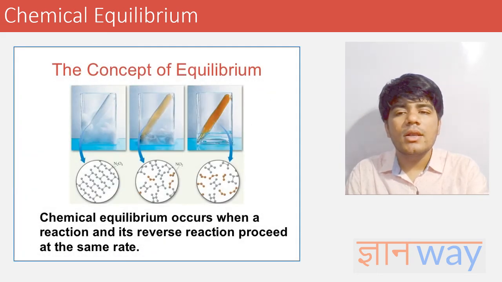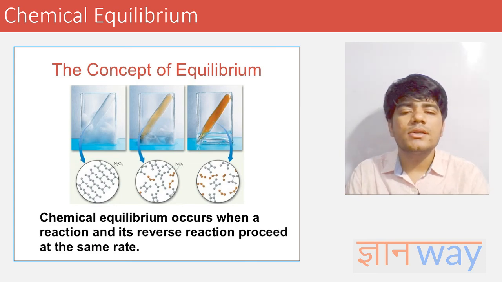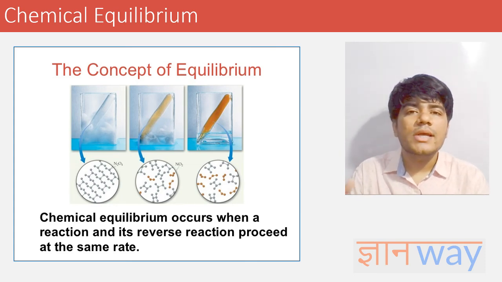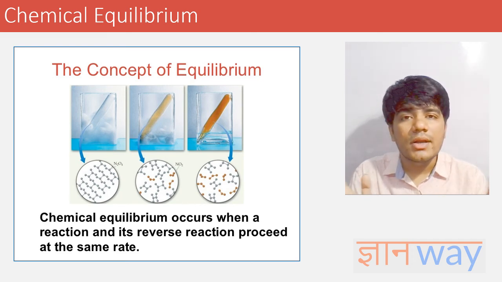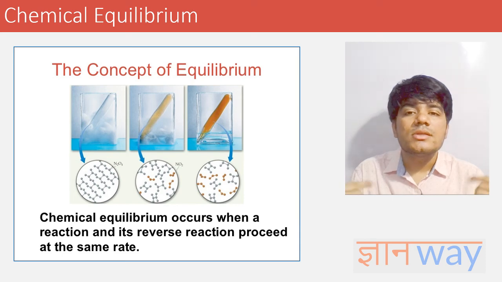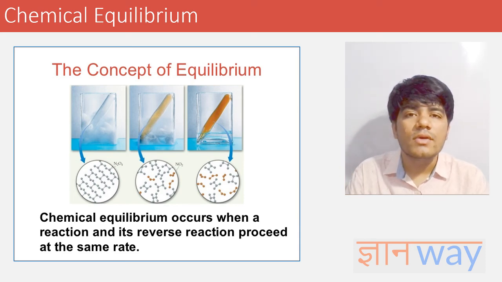Similarly, chemical equilibrium occurs when the reaction and its reverse reaction progress at the same rate. It means the conversion does not vary; the reaction never proceeds in the backward direction. So equilibrium means there is no change in the conversion.